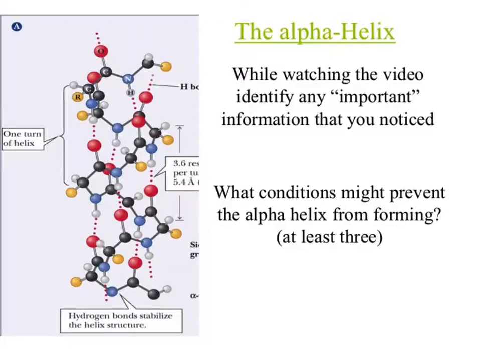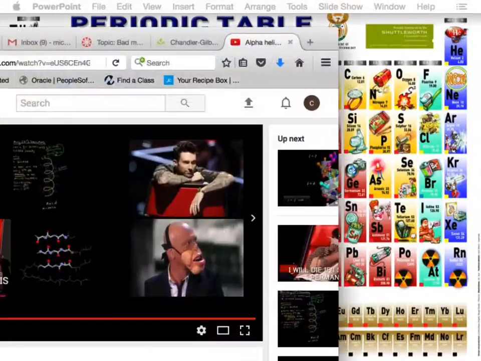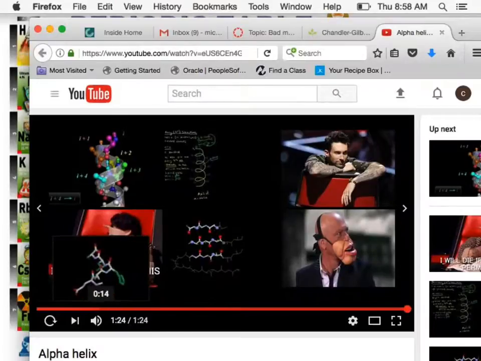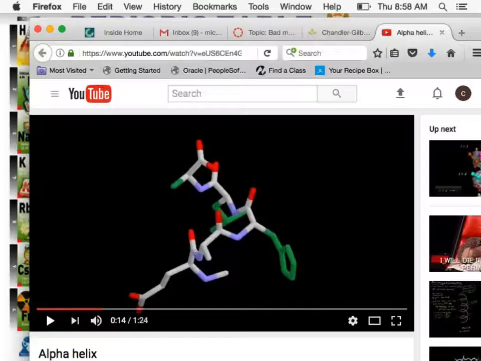So the protein backbone is the green? That requires going back to the video. Okay, so that green are the R groups.